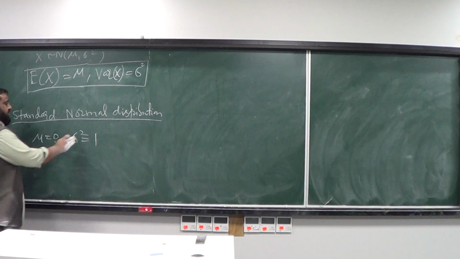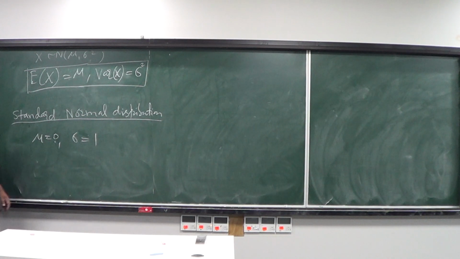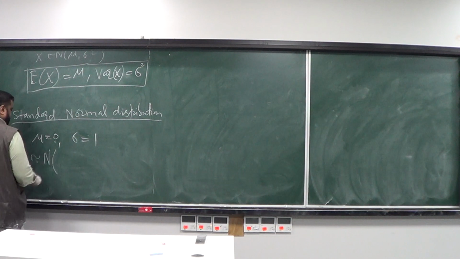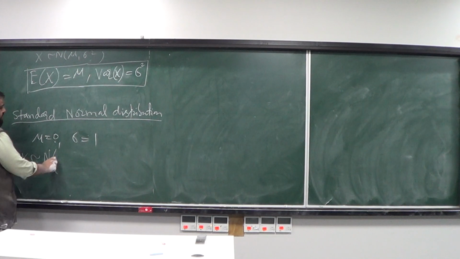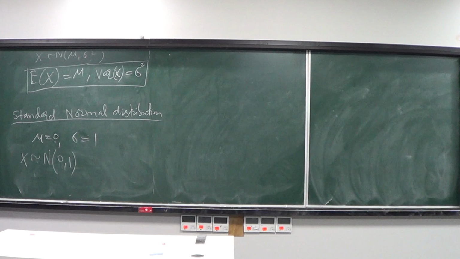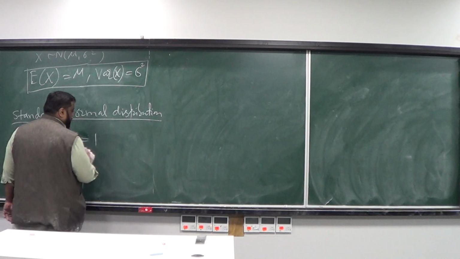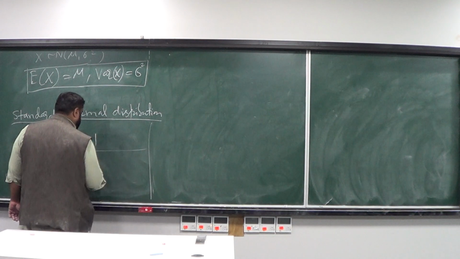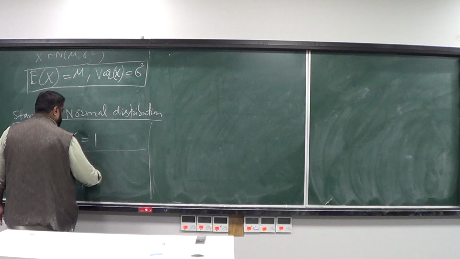In other words, sigma is 1. In other words, if x is normally distributed with mean 0 and variance 1, you're going to call it the standard normal distribution. And you have to also always keep the PDF of a standard normal distribution as well.